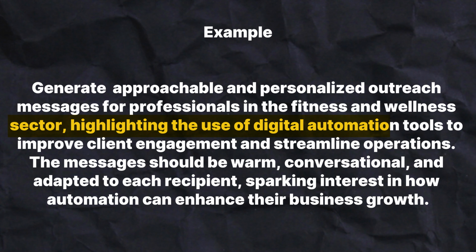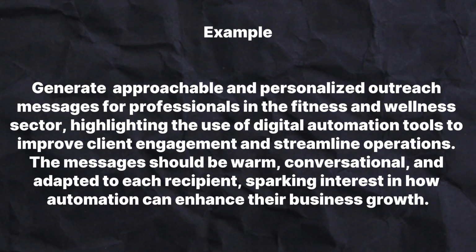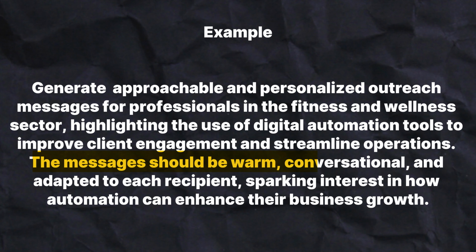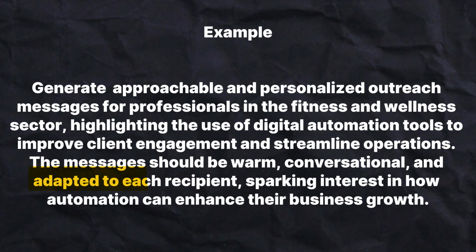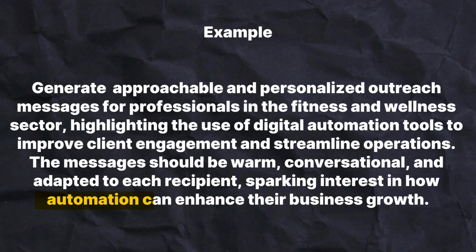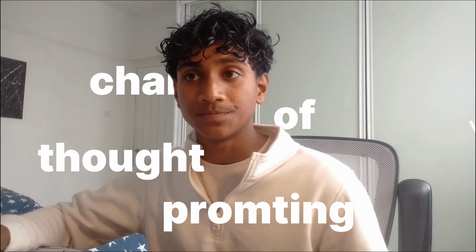Highlight the uses of digital automation tools to improve client engagement and streamline operations. The message should be warm, conversational, and adaptable to each recipient, sparking interest in how automation can enhance their business growth. And we can improve this by using the technique called chain of thought prompting.